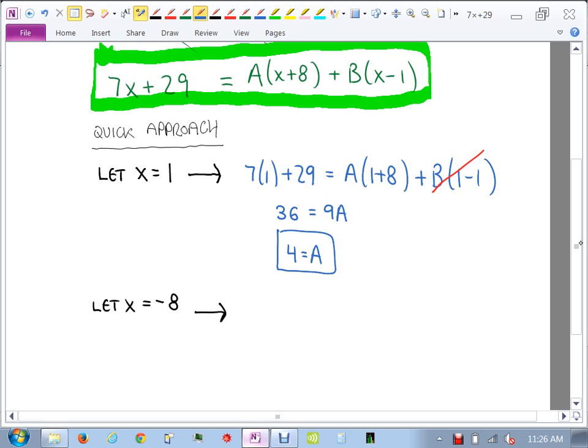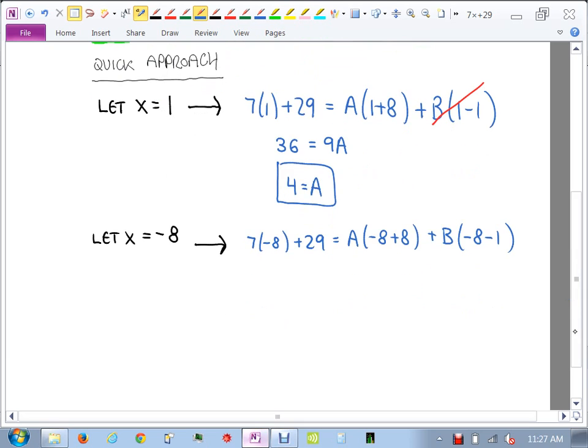So you plug in: 7 times negative 8 plus 29 equals a times negative 8 plus 8 plus b times negative 8 minus 1. Did I get that all plugged in right? 7 times negative 8, negative 56, plus 29, negative 27. The a term this time cancels, which is good.